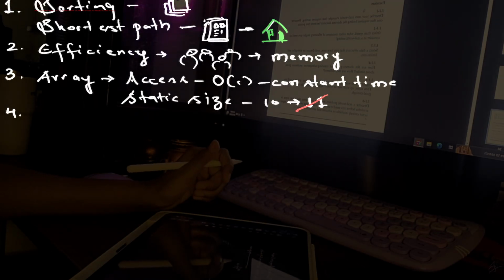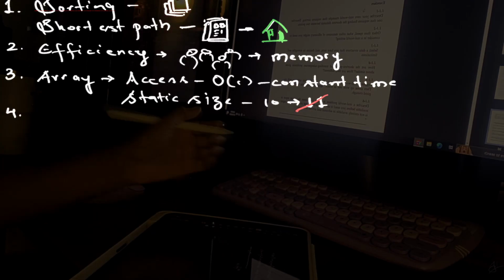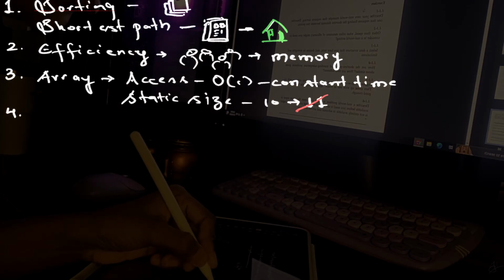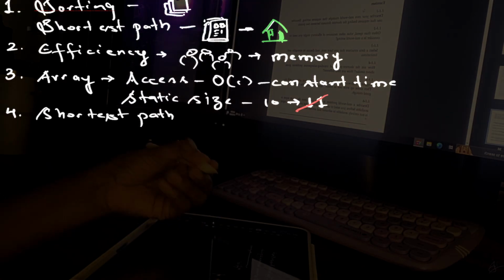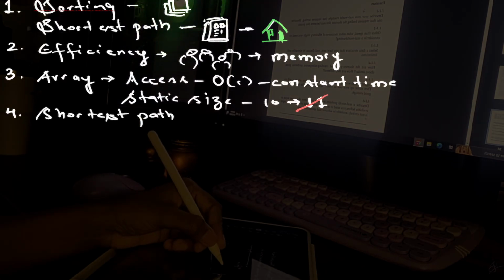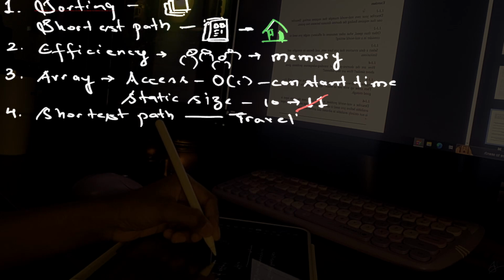Now coming to the fourth question: how are the shortest path and traveling salesman problems given above similar and how are they different? Okay, so we have shortest path and we have traveling salesman.